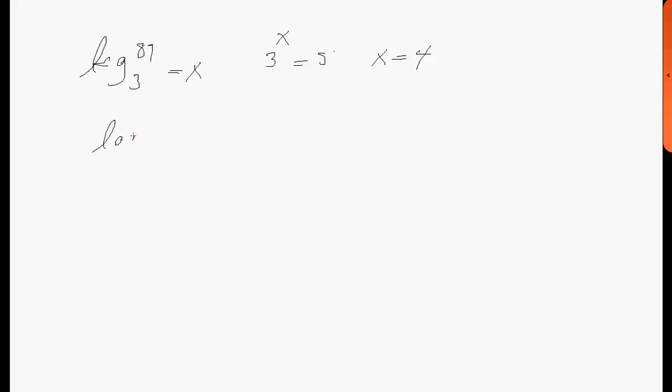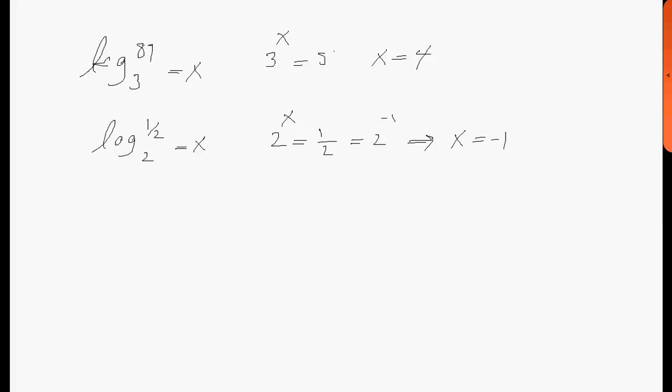Another one: logarithm of 1 over 2 base 2, and you want to solve this. So you're asking yourself, 2 to what power is 1 over 2? But 1 over 2 is 2 to the power of negative 1. Okay, so x is -1.